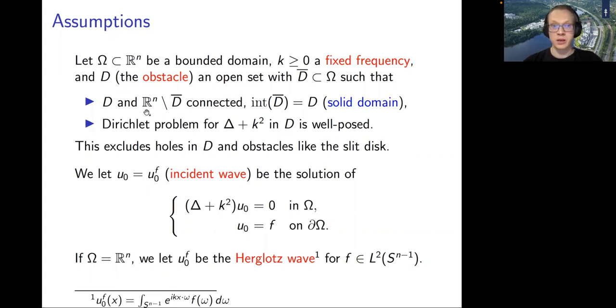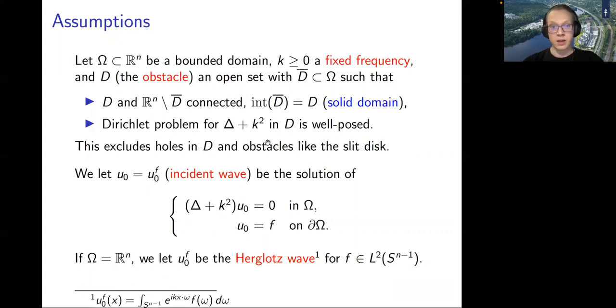For instance, D and its complement should be connected, and the interior of the closure of D should be equal to D. These kinds of sets are sometimes called solid domains. This topological condition excludes the possibility of having holes in the obstacle, and this second condition is going to exclude obstacles like the slit disk, which are somewhat pathological in these settings. And also in some of these results, I will need a non-resonance assumption that the Dirichlet problem for Laplacian plus k squared in D is well posed.